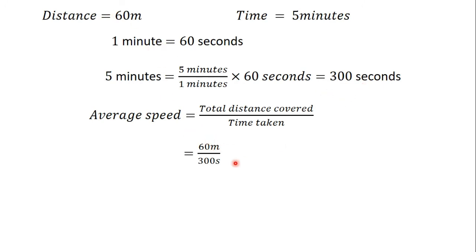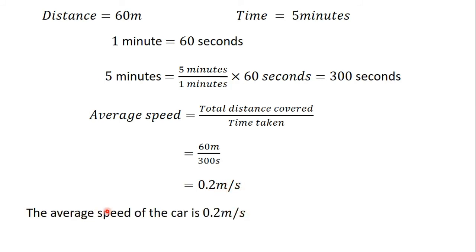The time taken in seconds is 300 seconds. 60 divided by 300 will give us 0.2. Meter divided by seconds will give us meter per second. So the average speed of the car is 0.2 meters per second.